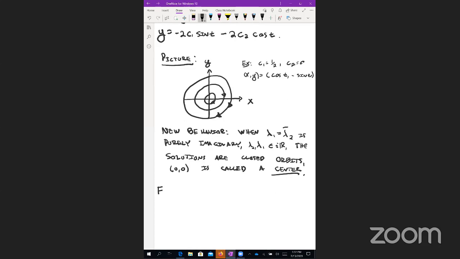So look at a final example. Non-imaginary orbits. So truly complex eigenvalues.